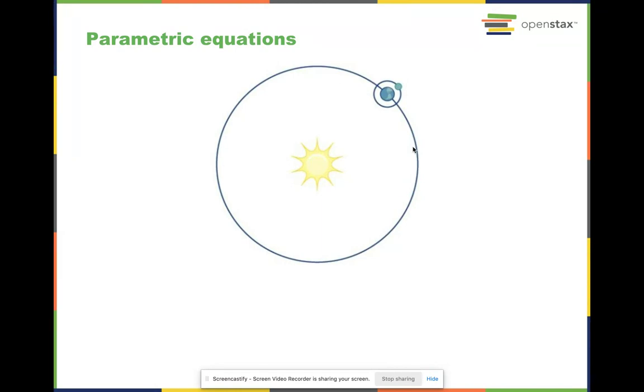But is that really what's happening? Is the y position of the Earth really a function of the x position of the Earth at a given time? No, right? They're related. We could write an equation that relates the x and y positions, but the y position doesn't depend on the x position.